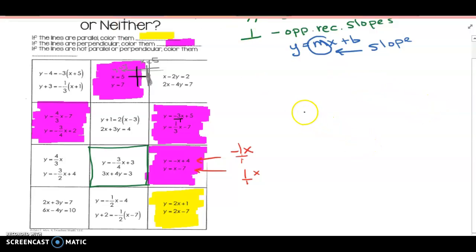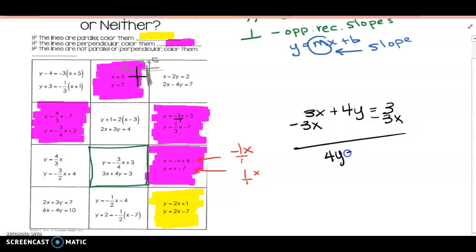This 3x plus 4y equals 3 isn't quite as obvious. So what I have to do is rearrange this equation so that it's in y equals mx plus b form. So the first thing I'm going to do is subtract 3x from both sides. So I get 4y equals -3x plus 3. And then divide by 4, so I divide the whole thing by 4.